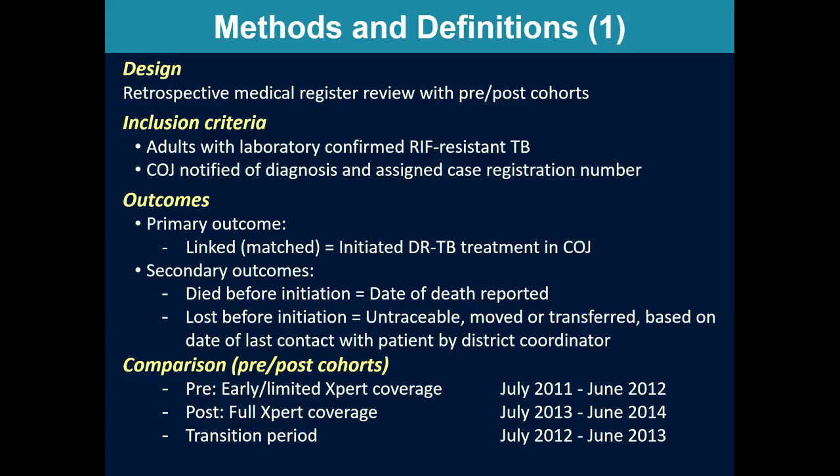Our primary outcome was those that had linked or matched, and this is where they initiated drug-resistant TB treatment in one of those 4 clinics in the City of Johannesburg. Secondary outcomes included where patients had died before treatment initiation or were lost before treatment initiation, and this was based on the tracing outcome recorded by the district coordinator, and the date that we used there was the date of last contact with the patient.